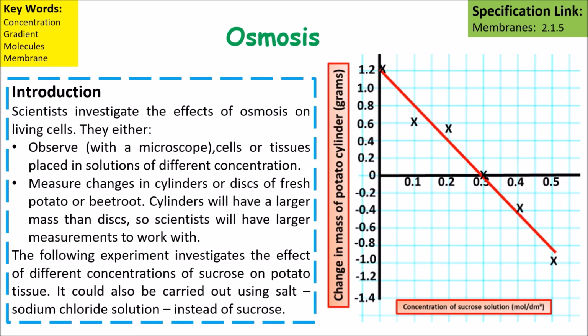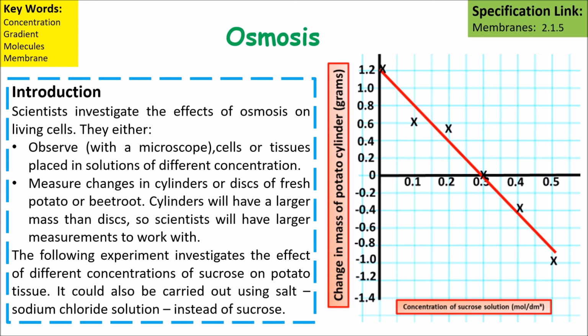So we can see from this graph that in terms of the mass change, the lower the sucrose concentration, the higher the water potential will be, so therefore the water will move into the cell. And conversely, the lower the water potential, so the higher the sucrose concentration, the more water will move out of the cell and therefore cause its mass to go down.